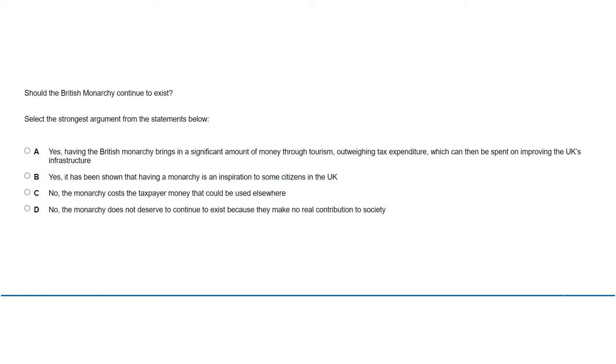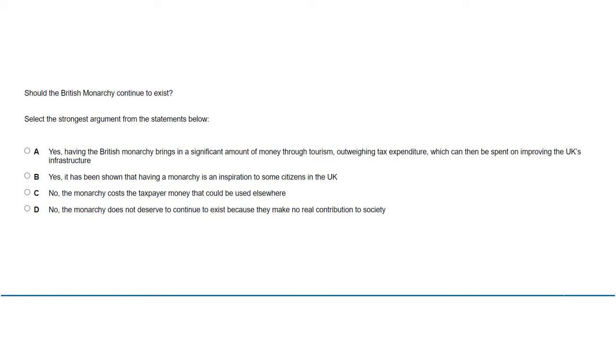That's a real economic argument, regardless of what else you may think about it. Then it asks why that money matters, and points out that you could use it to improve infrastructure. So it's, again, giving detailed evidence. A looks like a good, strong argument.